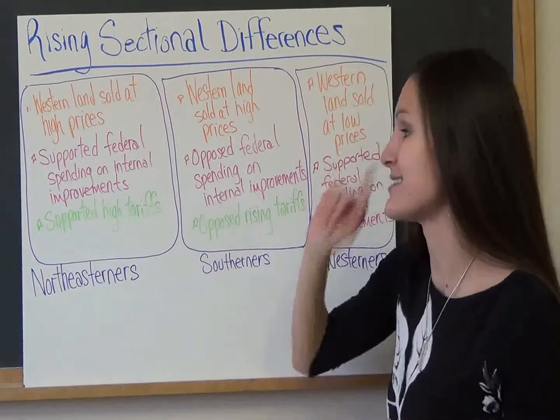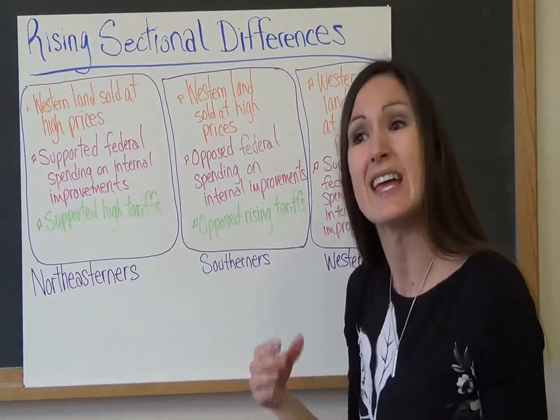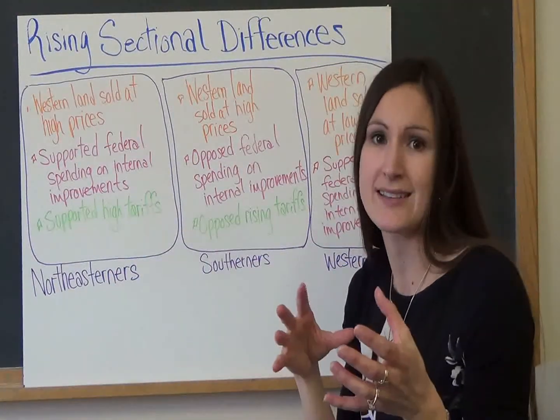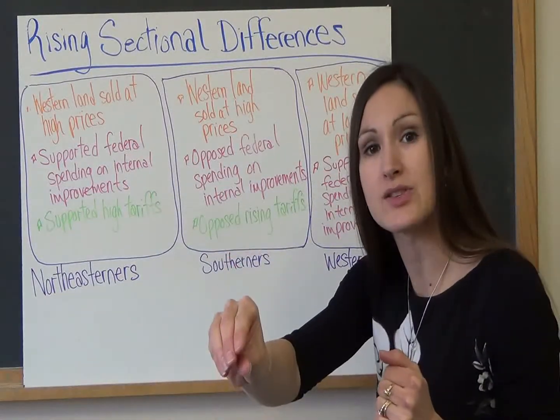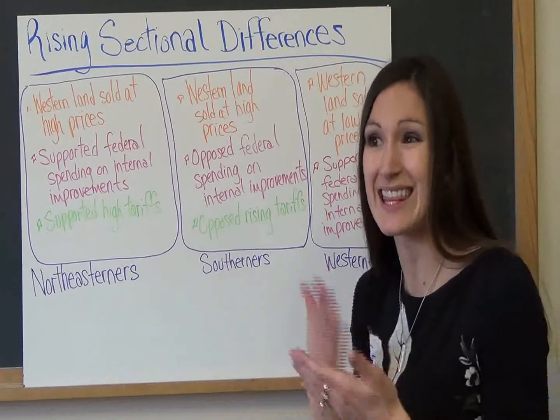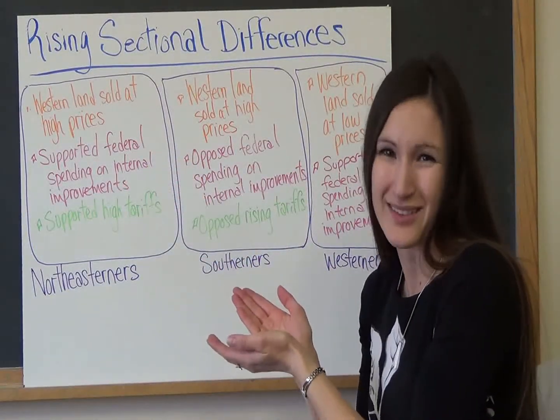Westerners, and let me back up a second, Northeasterners were afraid that if they sold Western lands at low prices, that people from the Northeast would move into the West. And the Northeast was a region of factories, and they didn't want to lose people.